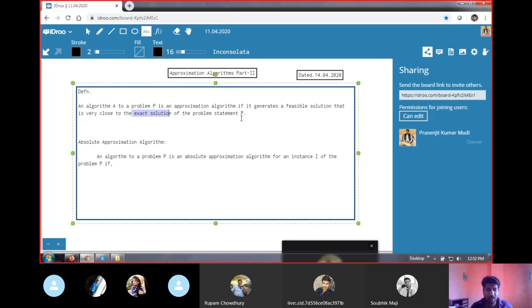These two are close to each other. Let the solution generated by A be called an estimate to the exact solution.